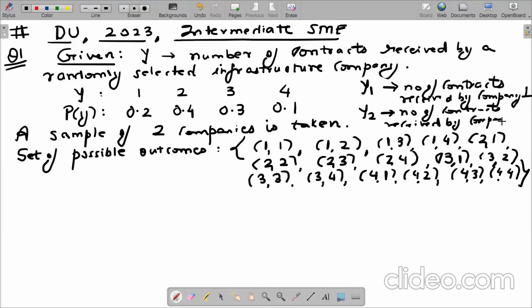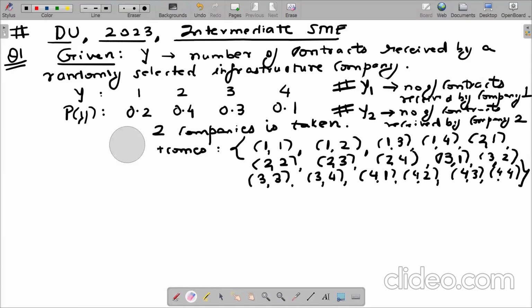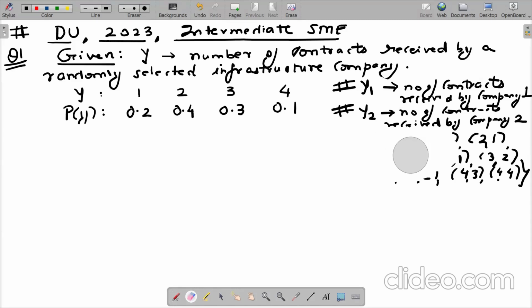Now I can make a table of these values. I can erase all this off because I will need a good amount of space. I'm going to write all these in the form of a table now.